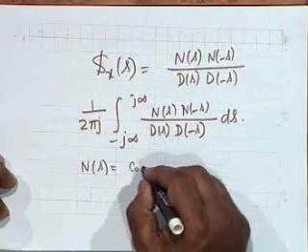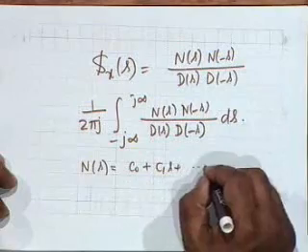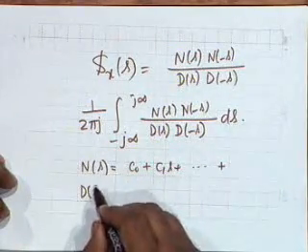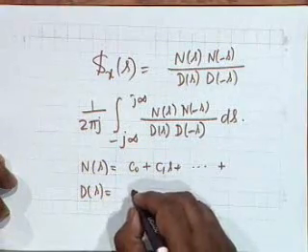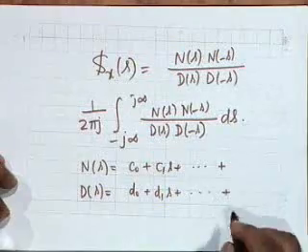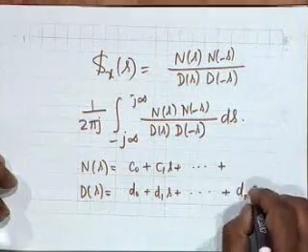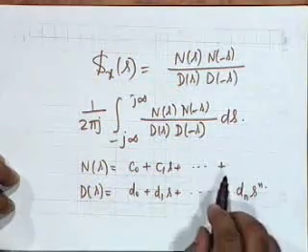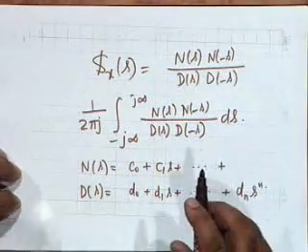So, let us say it is C0 plus C1 s plus etc., plus, I will write the last term later, and suppose D of s is another polynomial which is, let us say, d0 plus d1 s plus etc. Now, if I write this as dn s to the n, that is the highest power is n, what can be the highest power in capital N of s?